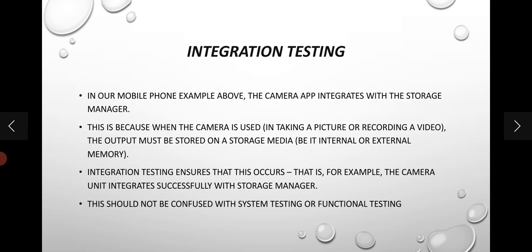Integration testing ensures that the integration occurs correctly. For example, we have camera mobiles, and we have just a normal camera. It captures the picture and stores it in the memory or some space. The memory space is fully integrated, so these are called the integrated parts. The integrated parts are tested by integration testing.